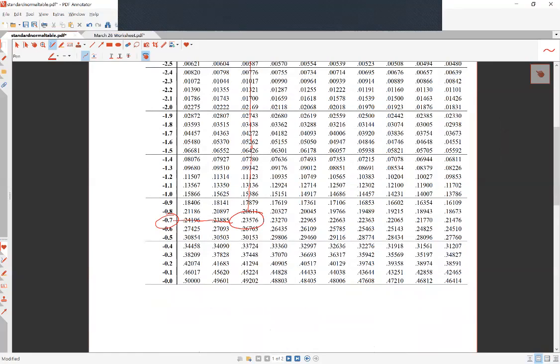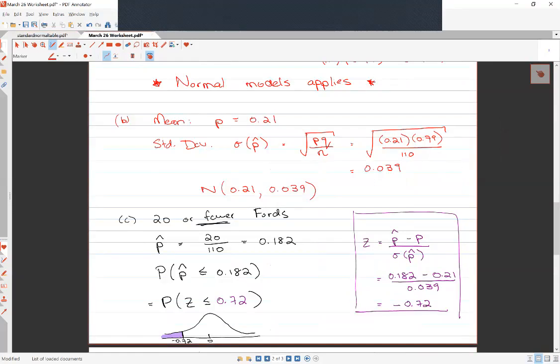And in this case, it gives me a value, if I round it to 3 decimals, 0.236. That's the probability to the left of the value, or the probability less than or equal to that specific value. And that's already what we wanted here. Less than or equal to means to the left. So in this case, I have my solution.